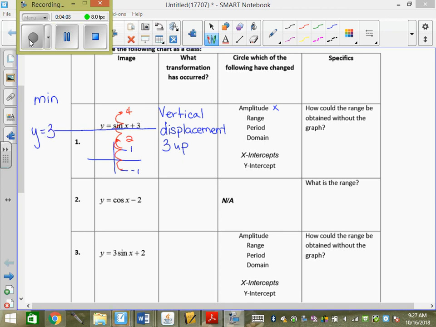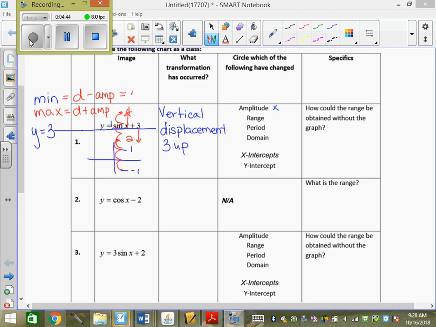And what's the amplitude on this equation? 1, correct? So if I have a midline at 3 and I'm moving up 1, what am I maxing out at? 4. And I'm moving down 1, what am I minning out at? 2. So my minimum is D minus the amplitude, and my maximum is D plus the amplitude, always. Because you're taking that middle line that's cutting the graph in half and adding the amplitude to it and subtracting it from it.